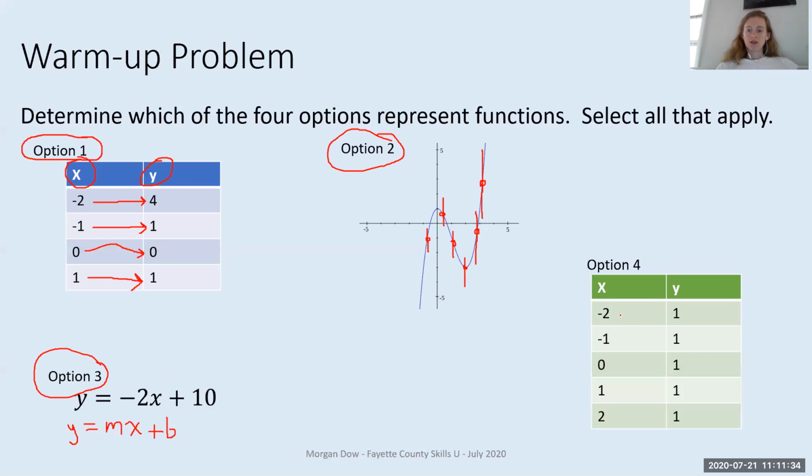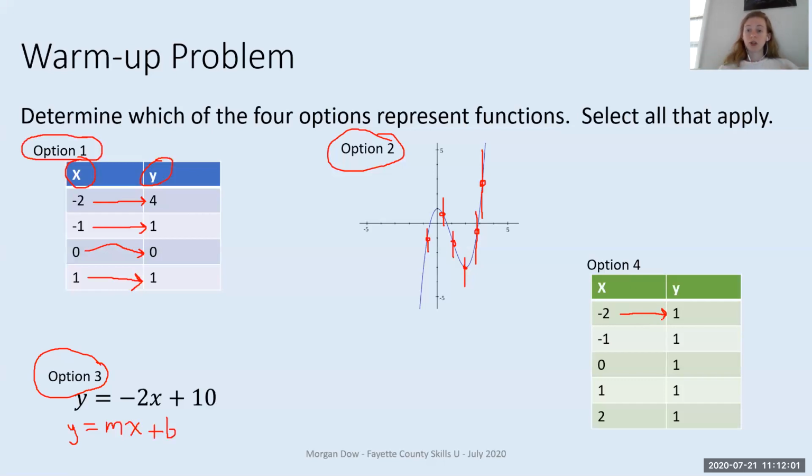And then let's take a look at option 4 here. So we've got another table, another numerical representation. So let's see, the input of -2 is giving us an output of 1. Is -2 going with any other output? No, right? -2 just shows up once in that input column.